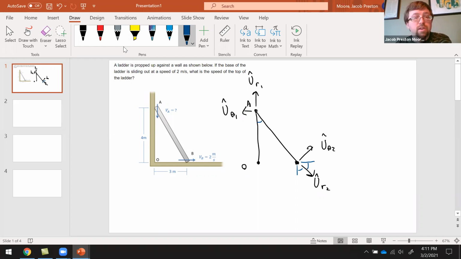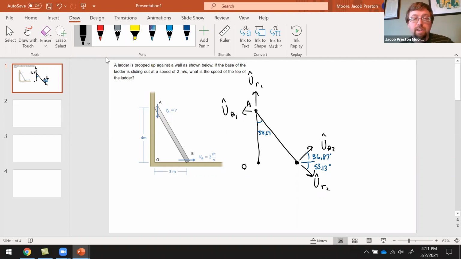In the end, this angle here is going to be 53.13 degrees. This angle here is going to be 90 minus that, so it's 36.87 degrees. This is also 38.67 degrees. So that's my angles of R and theta directions.